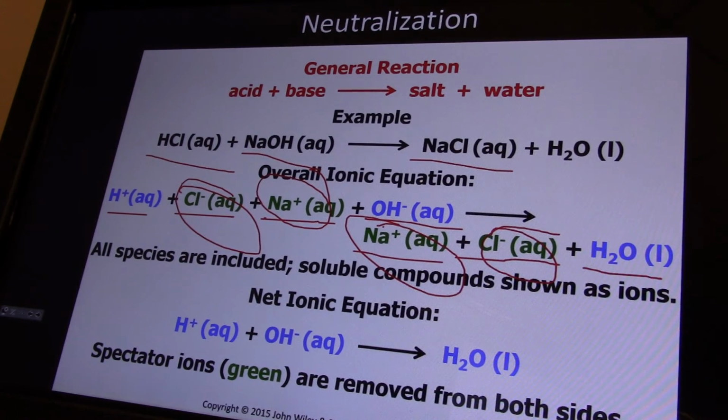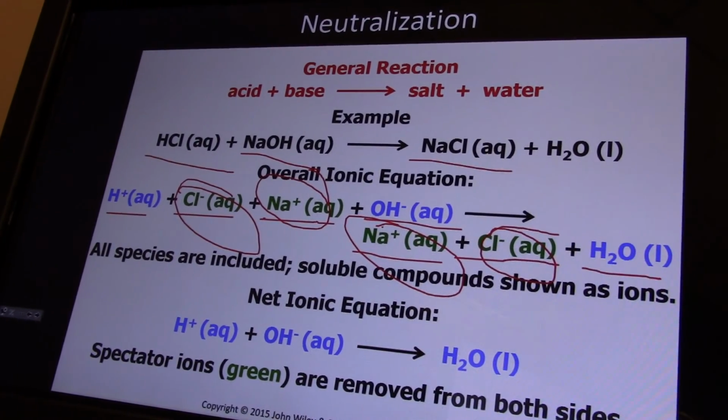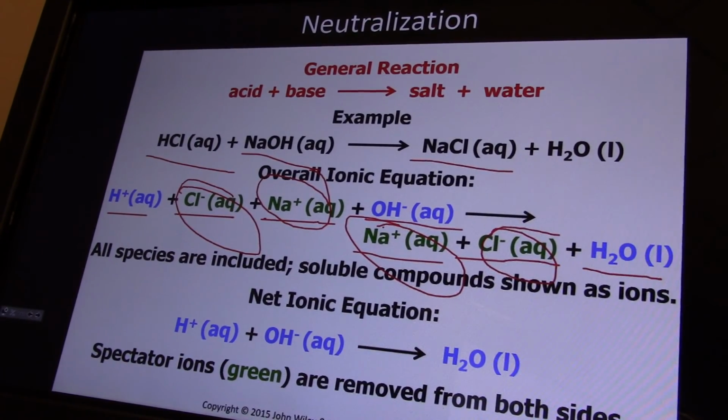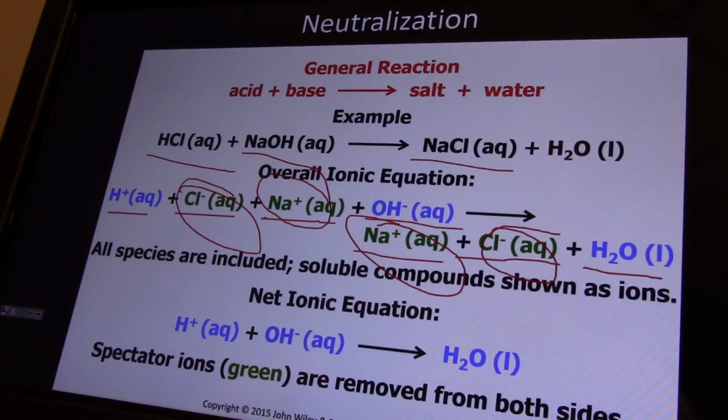And the Na+ and the Cl- were there at the beginning, and they're there at the end, and they're just watching. For this stage of chemistry, they're just watching. When you get into more advanced chemistry, you'll notice that they do stuff, and it does influence the reaction. But for this stage, pretend they do nothing, they're just spectators. We cancel them out to get the net ionic equation.